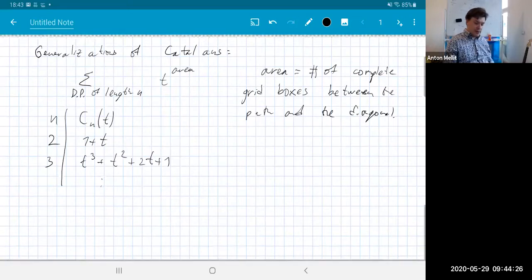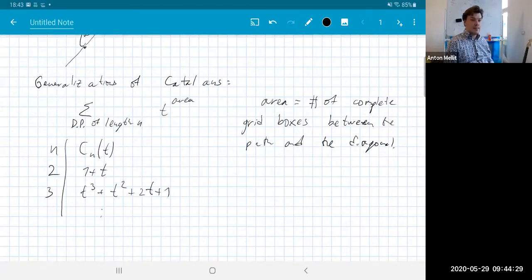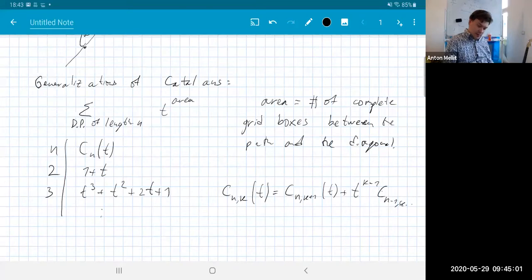Again, this kind of recursion very easily extends to this case. So we obtain C_{n,k}, which will denote the similar kind of summation over a subset. There will be C_{n,k+1}: either we came from above or we came from the right, so we get t to the power k minus 1 times C_{n-1,k-1}. So you can produce this kind of recursion easily.